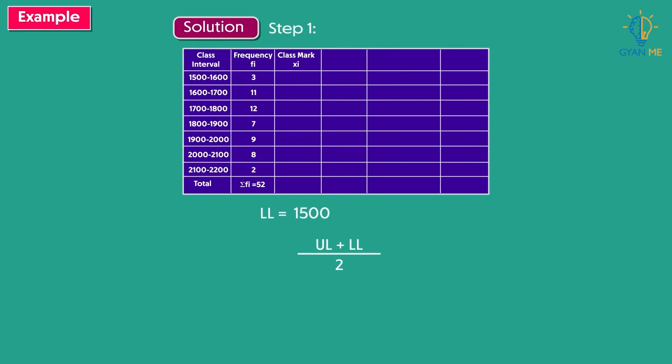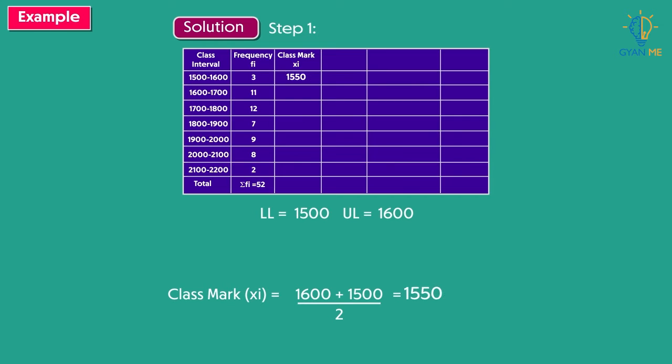Its lower limit is 1500 and upper limit is 1600. So its class mark xi will be 1600 plus 1500 divided by 2, which is 1550. Similarly, we can find the class mark for all other classes and list them in a third column as shown.